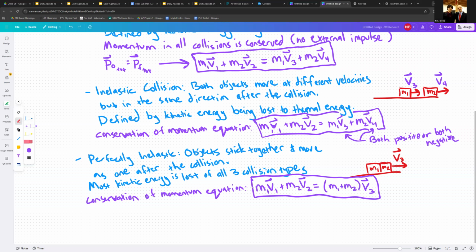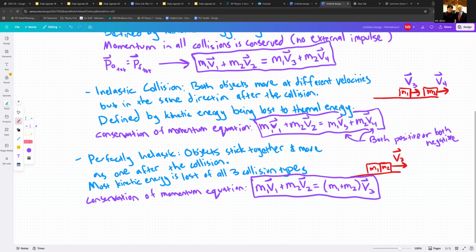That doesn't change all the way through. It's just m1v1 plus m2v2. And then after the collision, what's the total momentum for both objects after they collide? That could look like m1v3 plus m2v4, or in the case of perfectly inelastic, you combine the masses together because they're stuck together, times one velocity v3 after the collision. Just a single velocity for both objects.